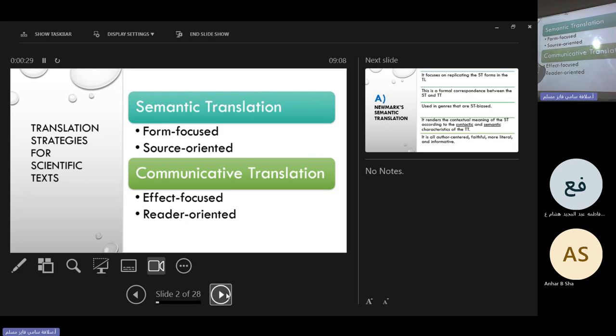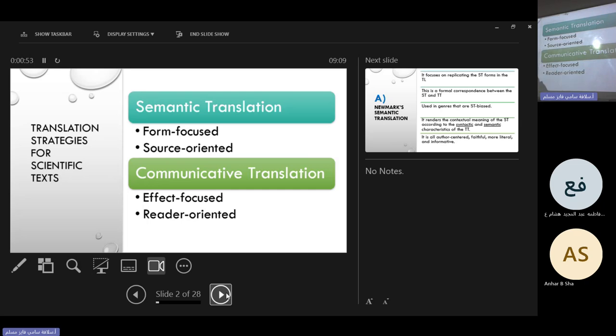There are two major strategies, what we call semantic translation and communicative translation. What is semantic? Forget what's written here. From the word semantic. Exactly. It's translating the word itself.